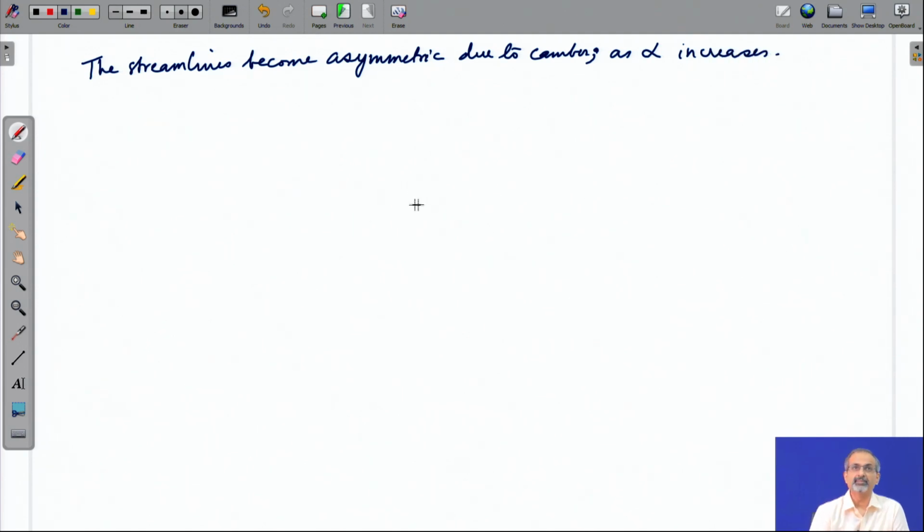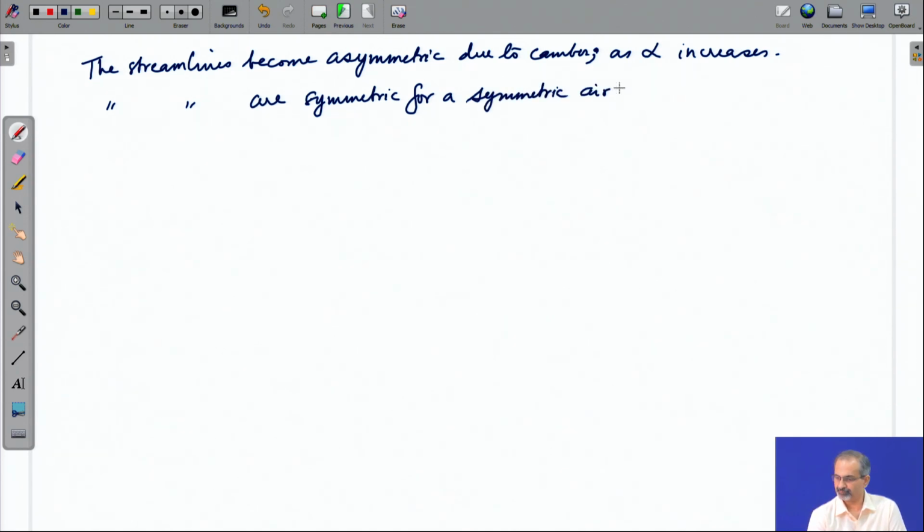So, there is no asymmetry for a symmetric airfoil at alpha equal to 0. The streamlines are symmetric for a symmetric airfoil at alpha equal to 0 degree.